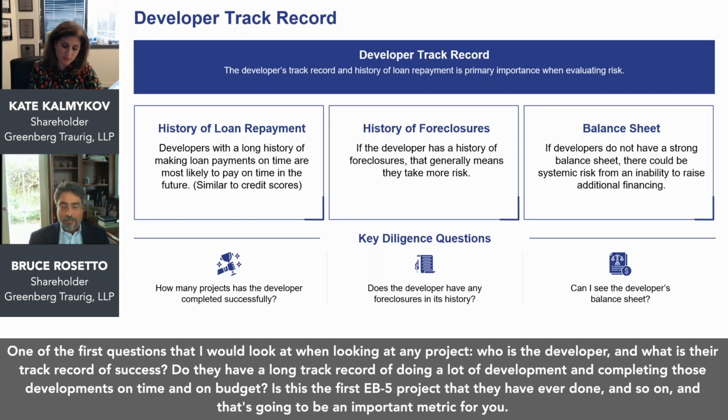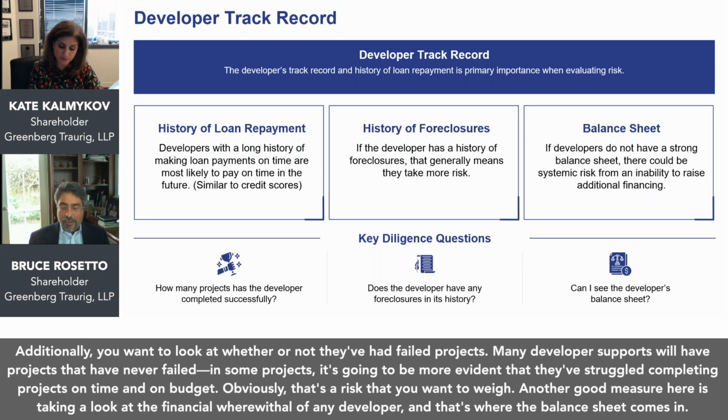And so on. That's going to be an important metric for you. Additionally, you want to look at whether or not they've had failed projects. Many developers, of course, will have projects that have never failed. Some projects, it's going to be more evident that they've had struggle completing projects on time and on budget. And obviously, that's a risk that you want to weigh.